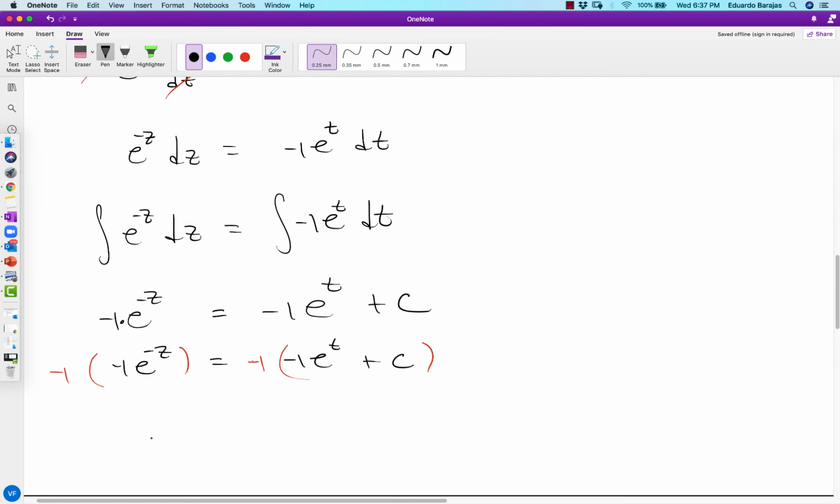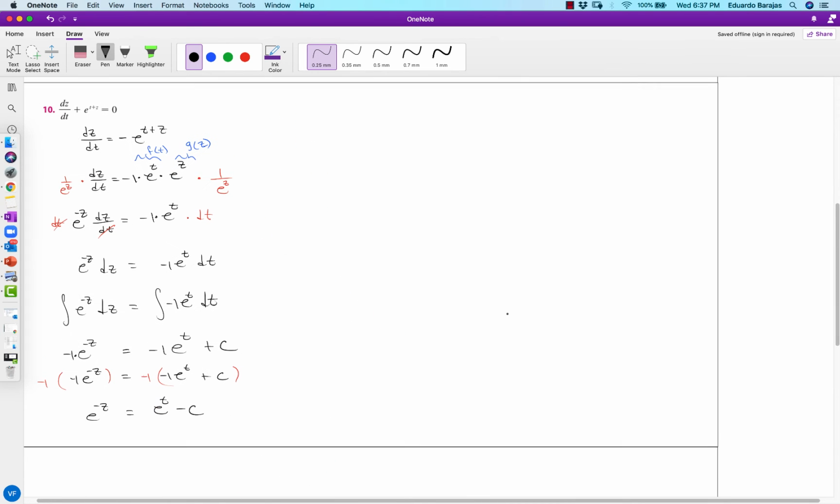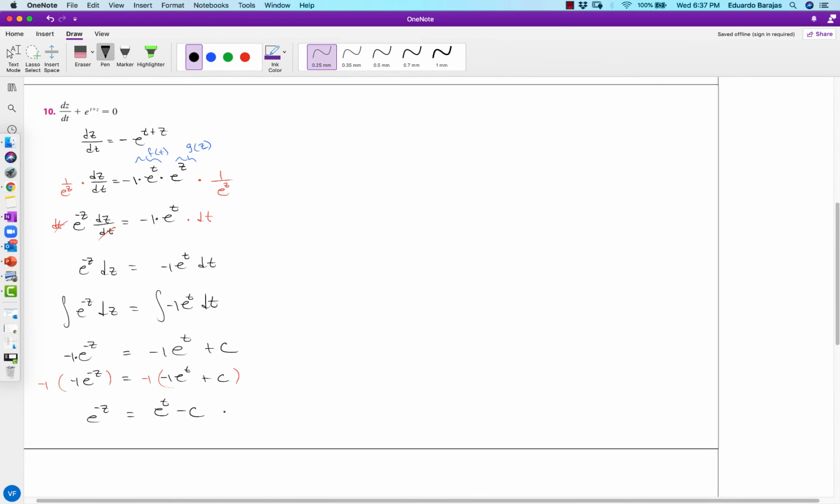So I'll end up with positive e to the negative z equals e to the t minus c. Let me copy this up here and continue. Copy this guy up here and say that this means that e to the negative z equals.